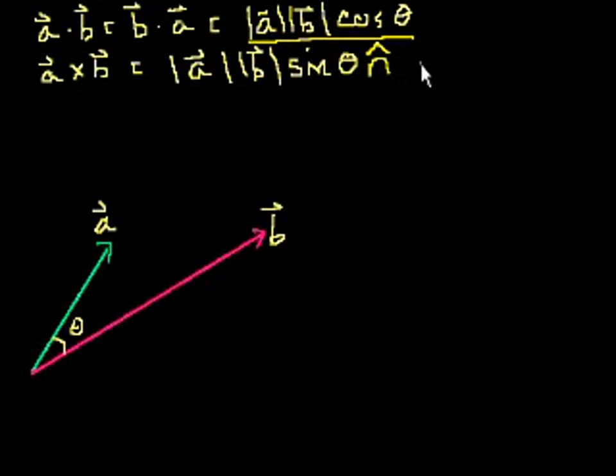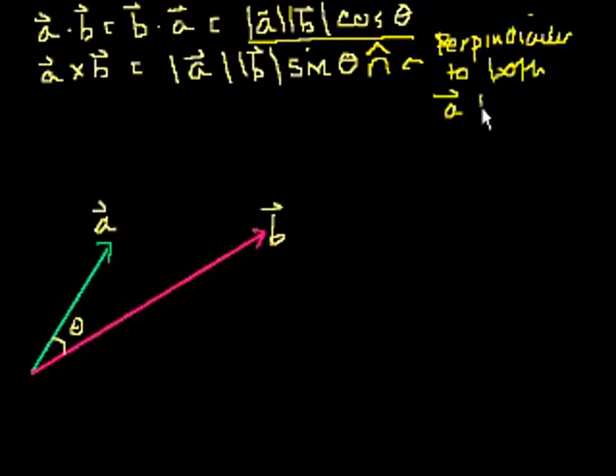This is a vector that's perpendicular to both A and B. And then you might say, okay, A and B, the way I drew them, they're both sitting in the plane of this video screen or your video screen.